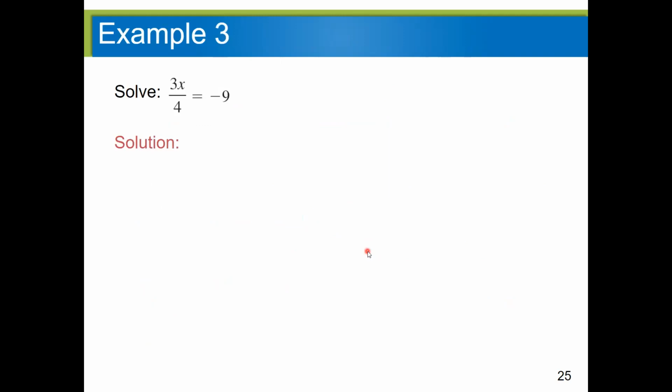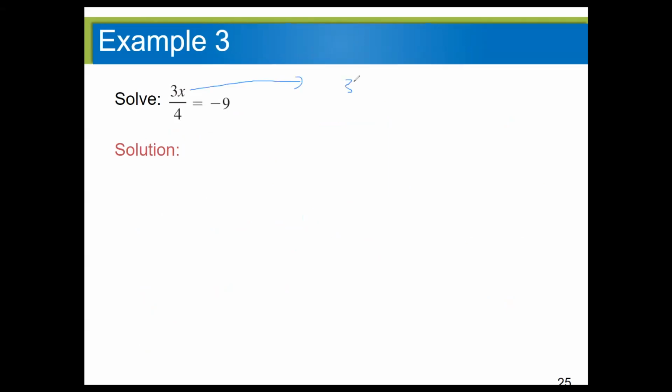Multiplication and division both work the same way. Here we have 3/4 x. Again, this is a good example. 3x over 4 is the same thing as saying 3 over 4 times x. These are the same sentence.